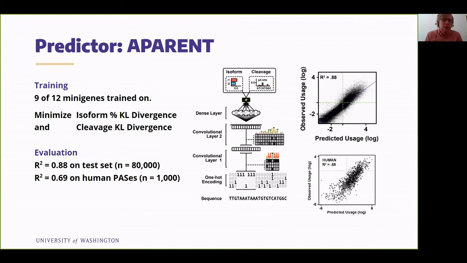So the selection criteria was that we sort of got these human poly-A signals for free. Really, what we wanted to do was show that APARENT could predict clinically relevant mutations and variants, essentially from ClinVar and HGMD and GWAS. And to that end, we did saturation mutagenesis of these 3' UTRs that harbored these variants.